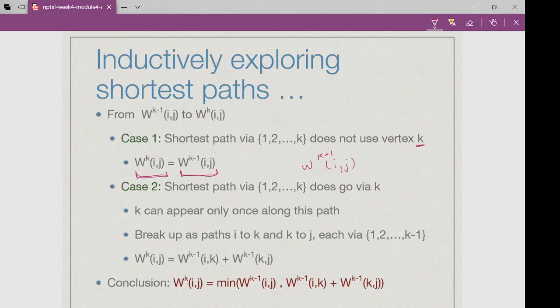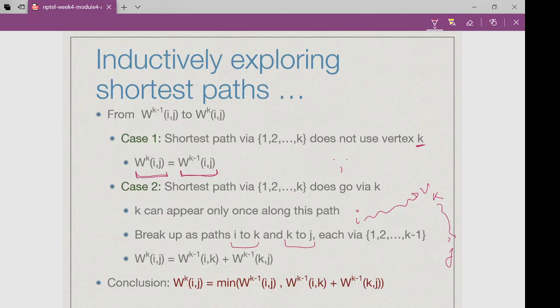So this is case 1, and case 2 says that the shortest path via 1 to k does go via k. So we have to consider v_k in that case. k appears only once along the path, since there is no repetition of vertices in a path. So how can we break up the path? Taking this v_k node, there is a path from i to v_k and a path from v_k to j, each via 1 to k minus 1.